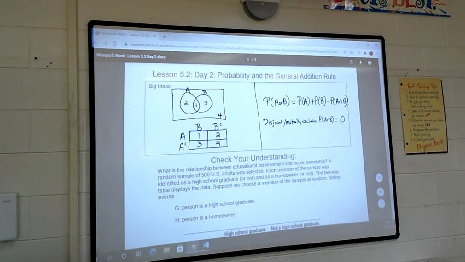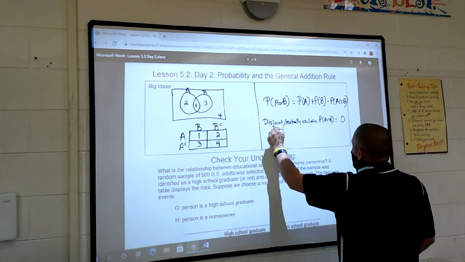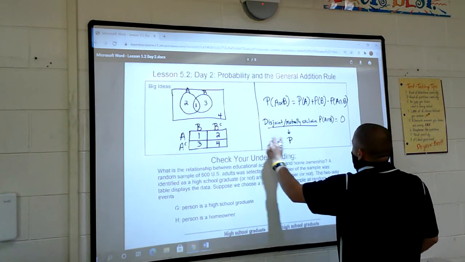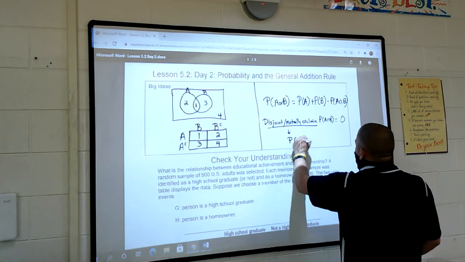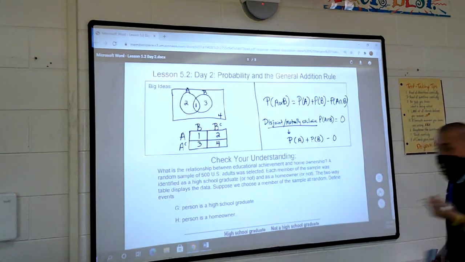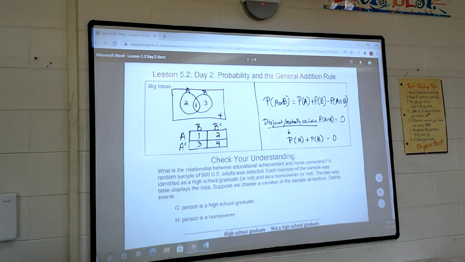So if they're disjoint and mutually exclusive, then you would say the probability of A plus the probability of B minus 0, right? So it would still be that same formula. So what they're showing you is you can still do that same formula whether the two things overlap or not.